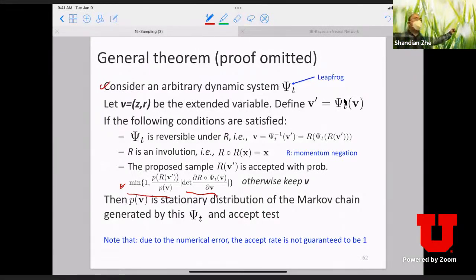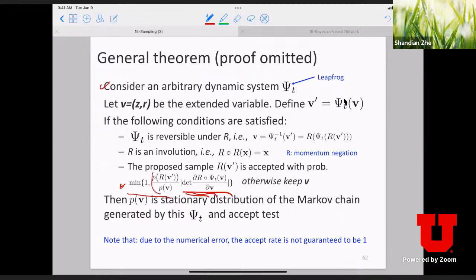You start from this state, evolve some time to the next state, right? This state and the next state have some mapping or transformation relationship. In general, the test would require us to compute the Jacobian of the end state with respect to the previous state and then calculate the determinant. This is not very easy in general. But for the Hamiltonian system, it's nice because this determinant is always one. So you really don't need to worry about that.